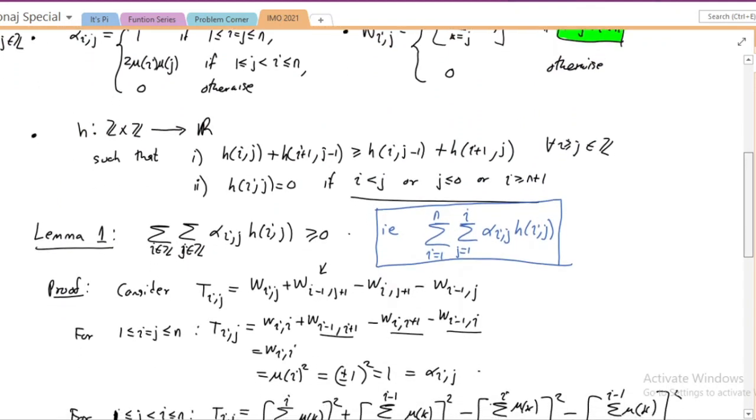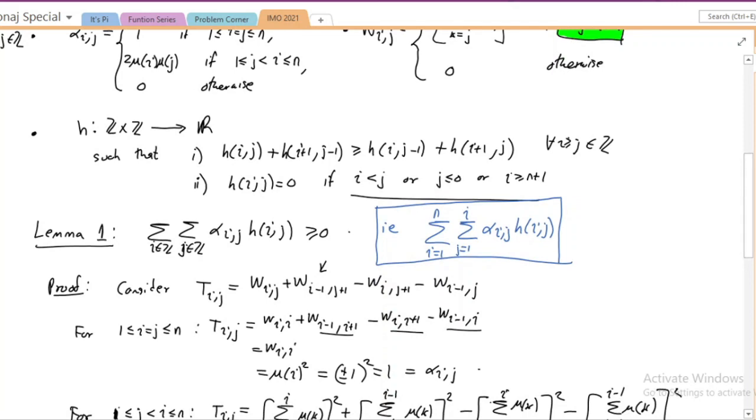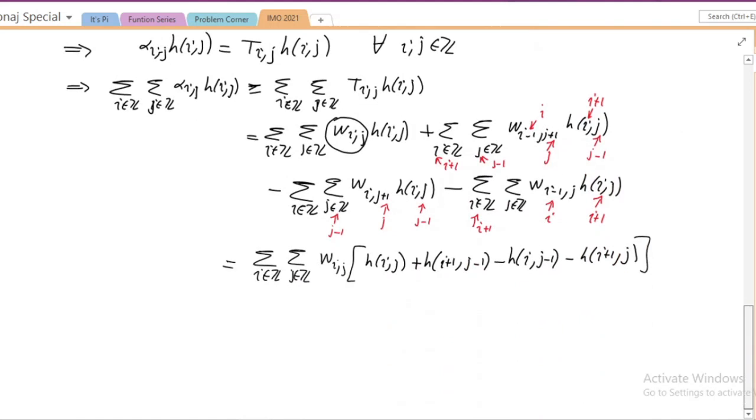Now just that this condition is not for every i, j, but for i greater than or equal to j, right? So this is greater than or equal to 0 for i greater than or equal to j, and this is greater than or equal to 0 every time, but equal to 0 if i is less than j. So that's w.